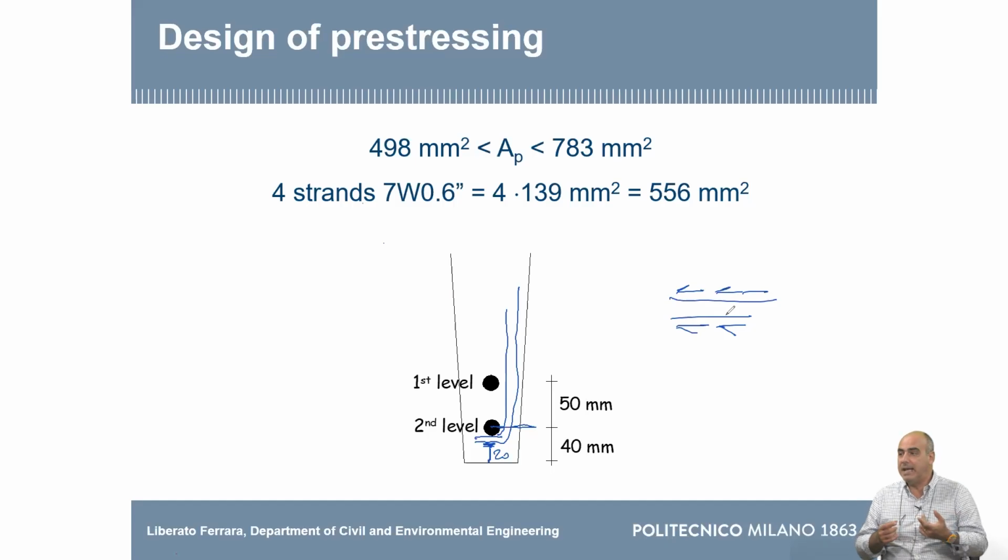The other thing is that concrete is not a homogeneous fluid, it's a granular material. It contains aggregates. So you need to leave enough space for the largest aggregate to pass through. And generally, the code states that you must have at least a spacing equal to the maximum aggregate diameter plus 5 millimeters.